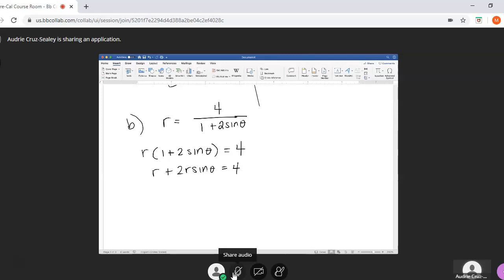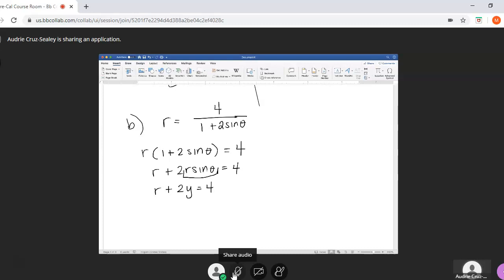What does r sine theta equal? Oh, so you can go ahead and turn that into a y, then solve for y. You could totally solve for y. The problem is this r is still in there, and we have to get rid of it.